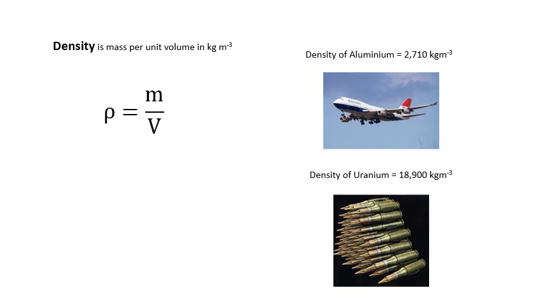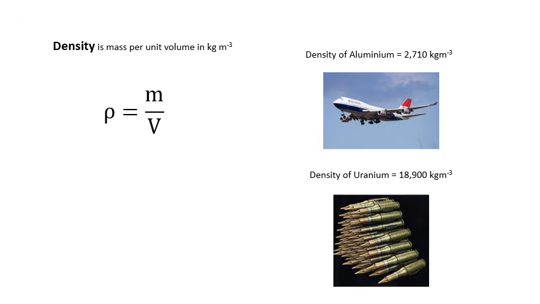For example, the density of aluminium is 2,710 kilograms per metre cubed. Compare that with the density of uranium, which is 18,900 kilograms per metre cubed. It's about 6 or 7 times bigger.